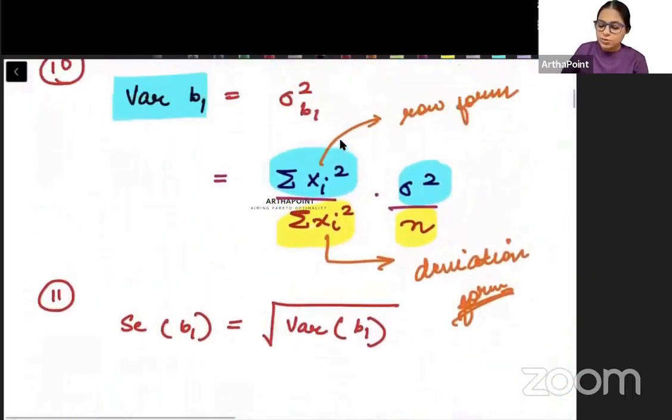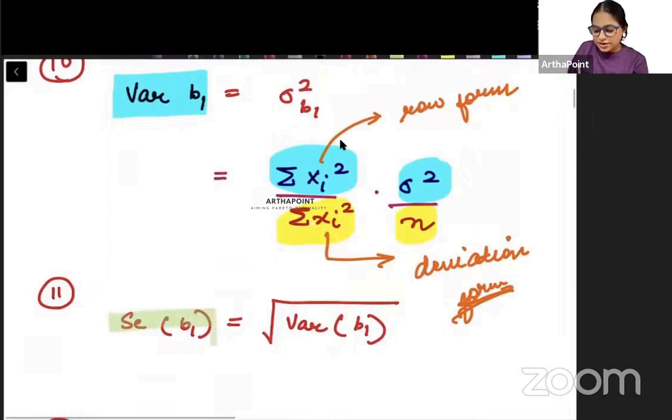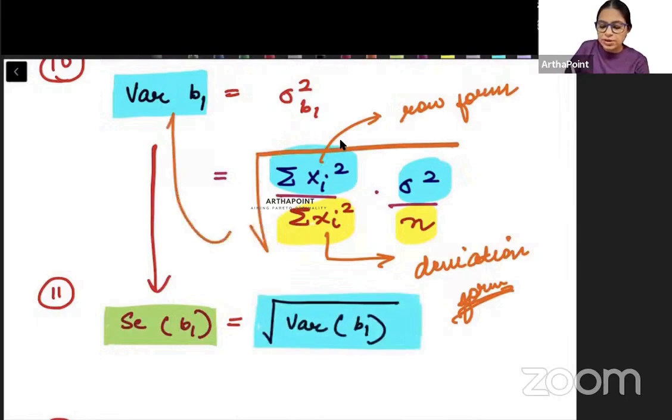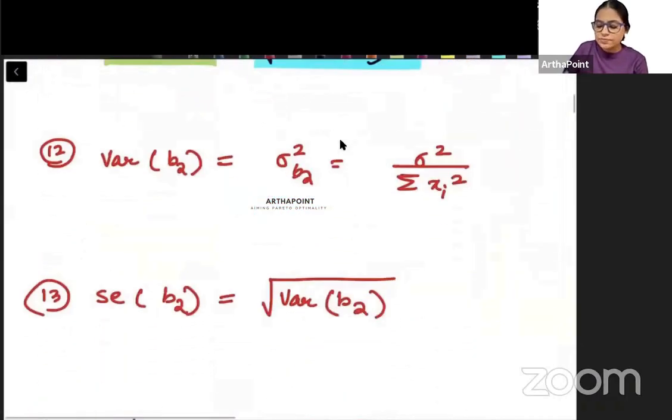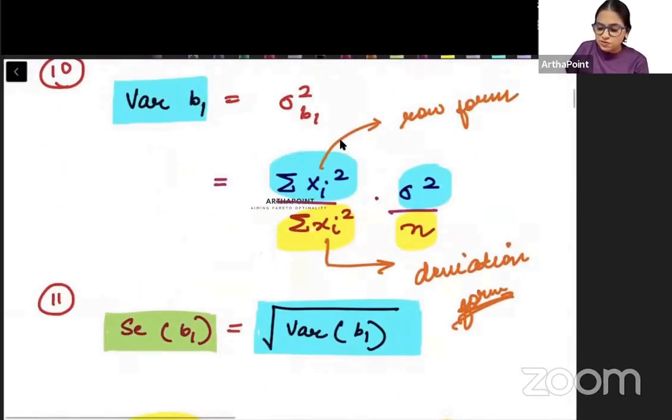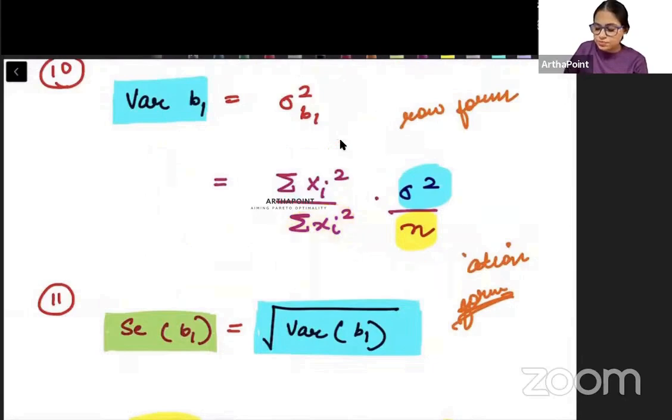So if I were to find out the standard error of B1, the standard error of B1 will be under root the variance of B1. तो इसका अगर मैं under root निकाल दूंगी, I will get the standard error of B1. The standard error of B2 can be written as sigma square upon summation xi square. तो यहाँ पे देखो बेटा, suppose variance of B1 पे focus करो.